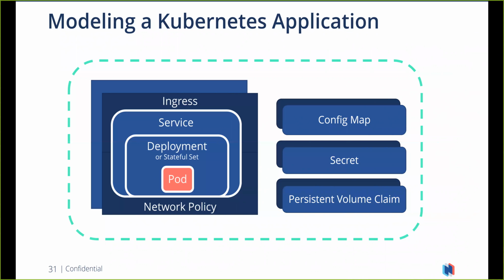And then config maps. So if you want certain configuration to be part of your application, you can put that in and share that within different services or pods as part of your overall application. So think about an application as a collection of services with some rules for how services can talk to each other, and then additional things like config maps, secrets, and persistent volume claims as needed.